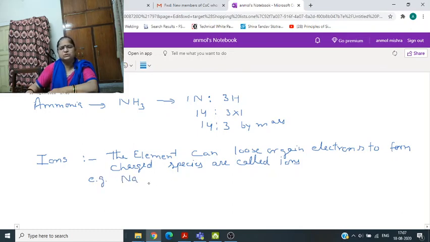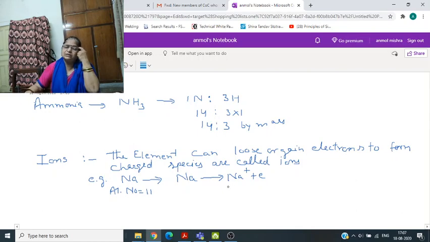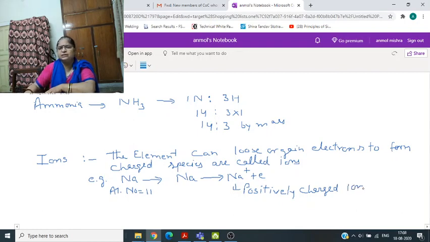Now example, sodium. Sodium has atomic number 11. It can lose one electron to become Na plus. So Na plus is a cation, a positively charged ion.